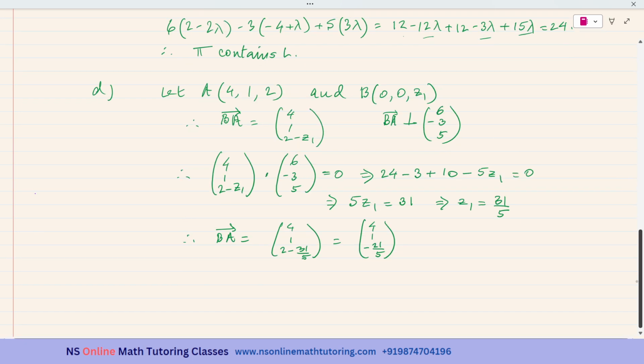So we have got the direction vector, we have got the point. You can take this point also, I am taking this one. So we are in a position to write the vector equation of the line M. S is equal to (4, 1, 2) plus mu, because they have taken mu, I am writing mu, and the direction vector is (4, 1, negative 21 over 5). Mu is a real number.